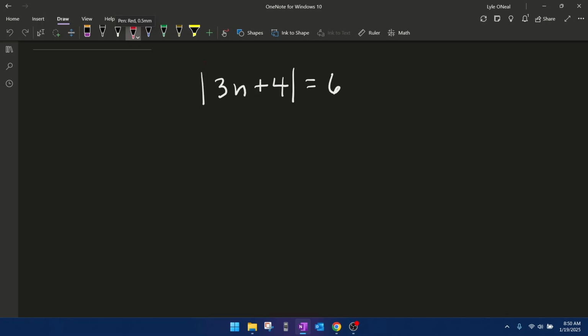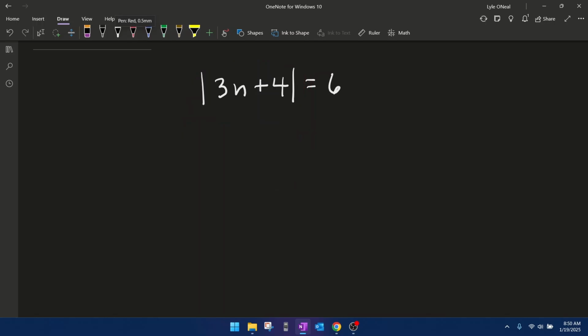First step, the absolute value must be isolated. In other words, if you circle the absolute value and see anything outside of that circle on the left-hand side of the equation, then it's not isolated.